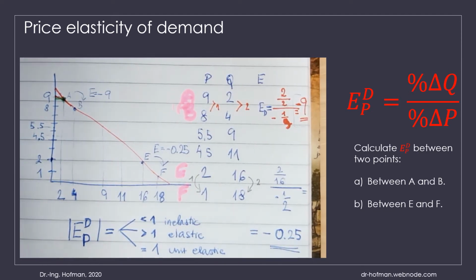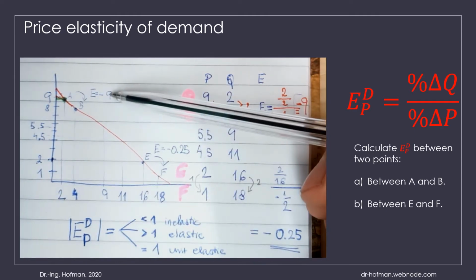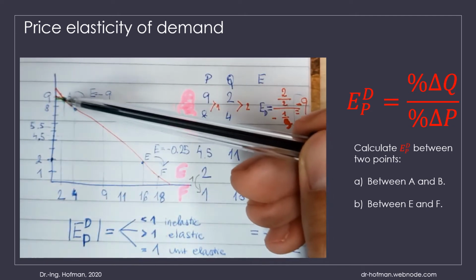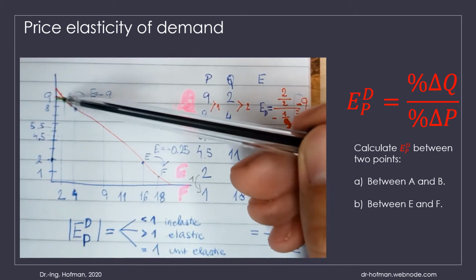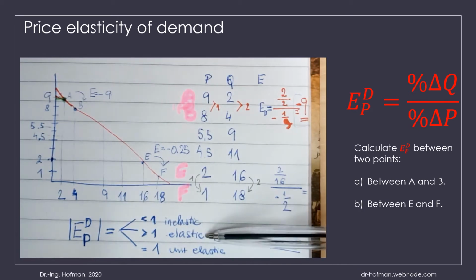If you go from A to B, the absolute value is 9, it's more than 1, and we can say in this part of the curve between points A and B, the elasticity is elastic.